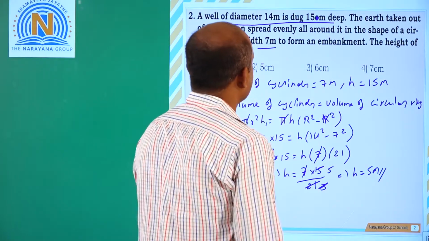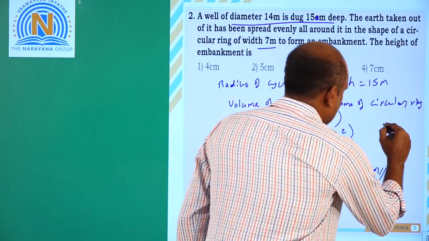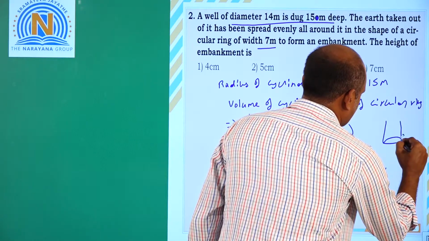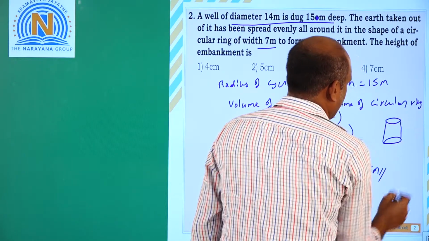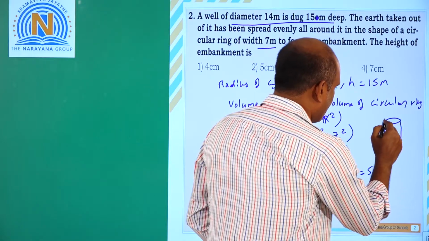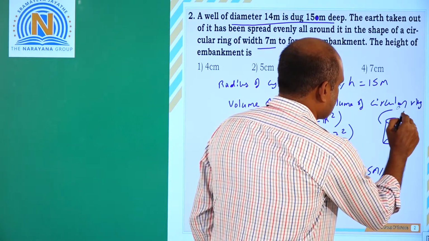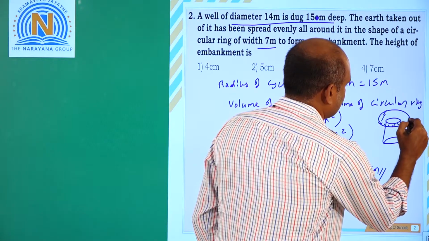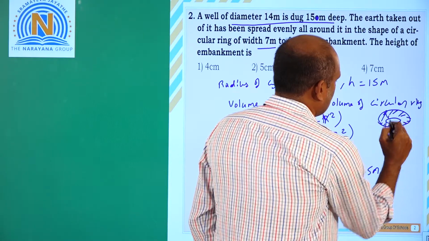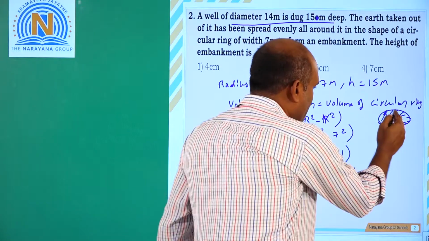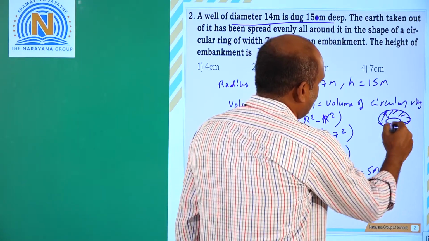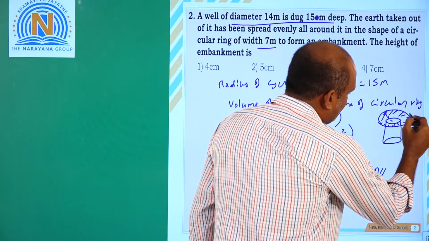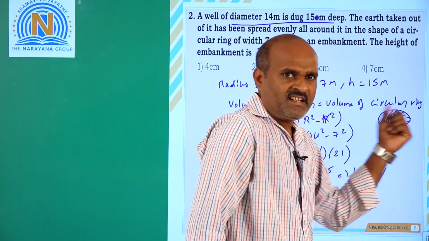So the height of the ring is 5 meters. Simple. This is like a well, so dig and spread it like this. Now we find the height of this ring. Inner radius means the radius of the cylinder.